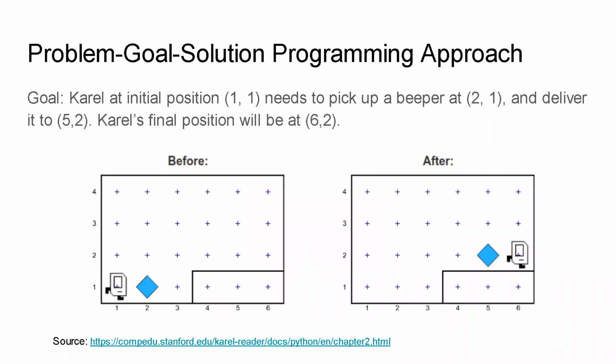It's a problem, goal, solution approach to programming in which Karel needs to perform a task. For example, in this example from Stanford, Karel must move one step to this beeper and pick it up, and after that transfer the beeper to a different location in the world.